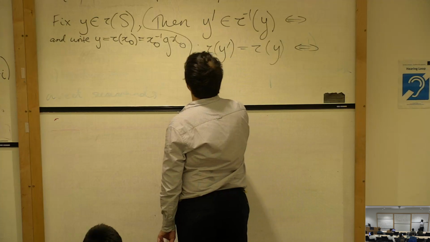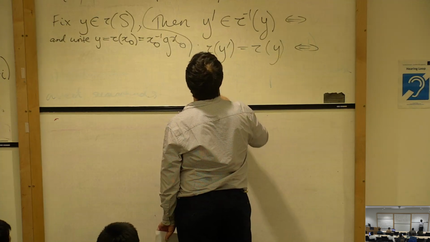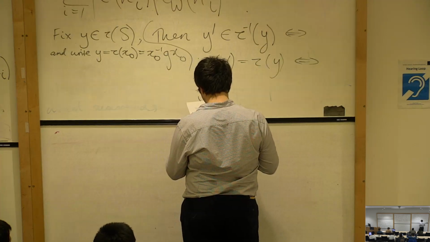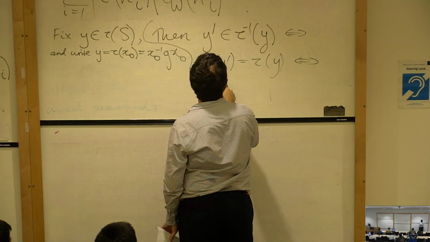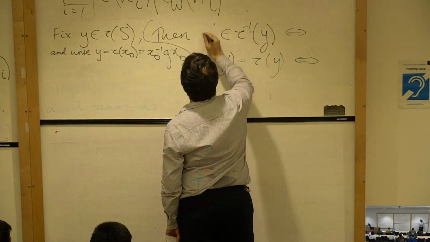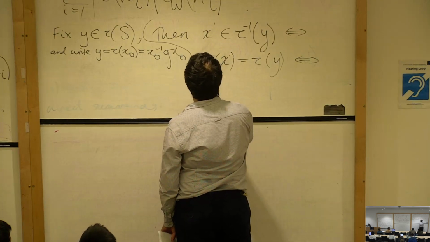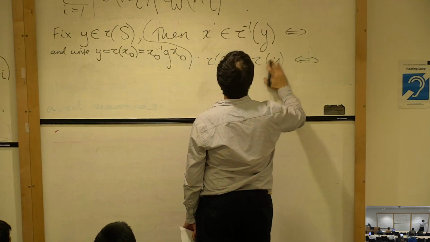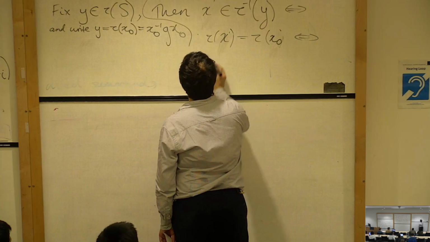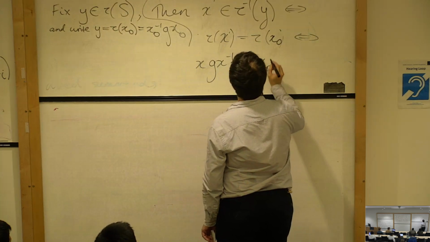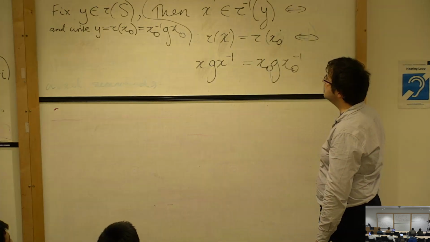The definition of tau says that y prime, x, sorry. There we go, I'm getting there. So far so good.